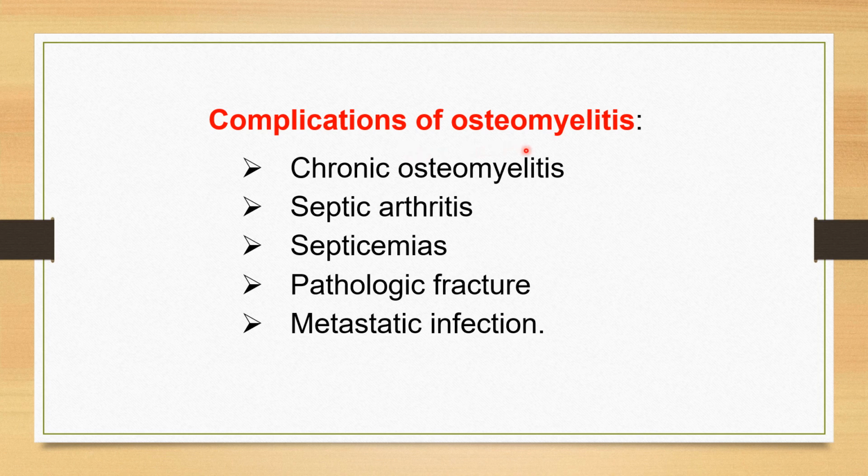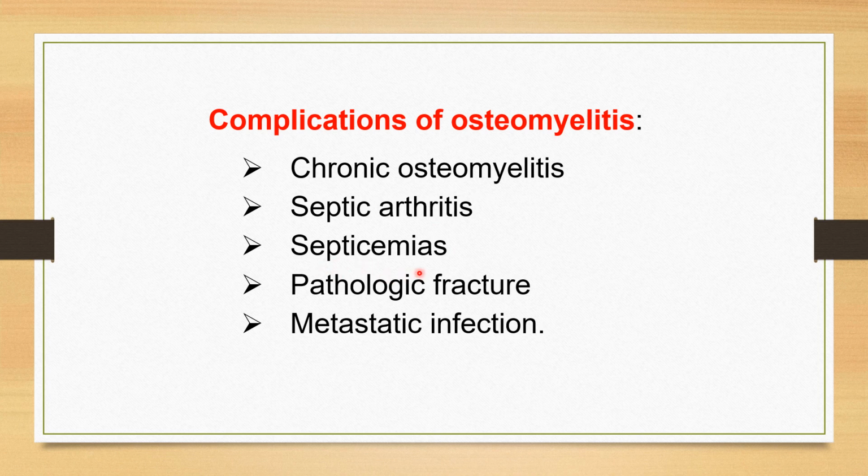When osteomyelitis becomes a chronic case, if not treated in time, or in some cases even after treatment, it shows complications. Here I have mentioned the complications. Chronic osteomyelitis, it becomes a chronic case, not responding at all. Septic arthritis, infection may extend to the joints.